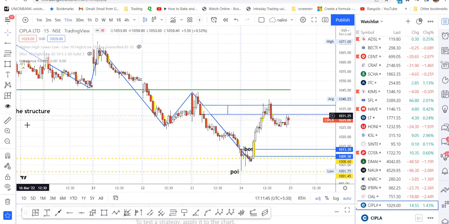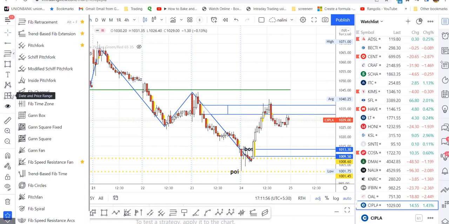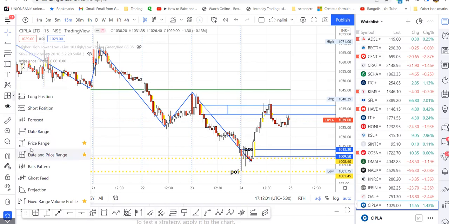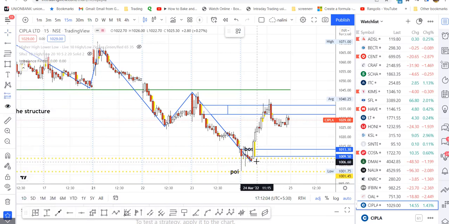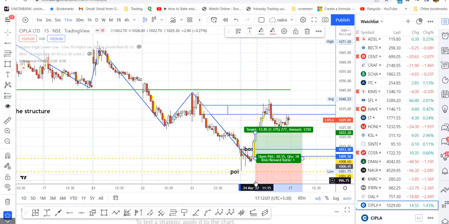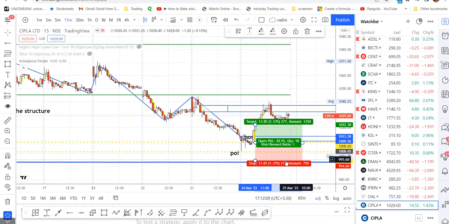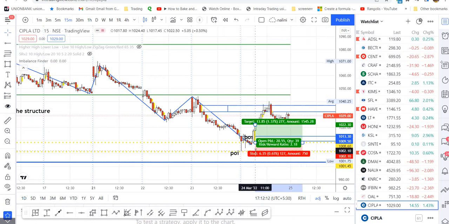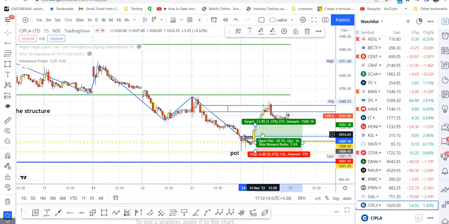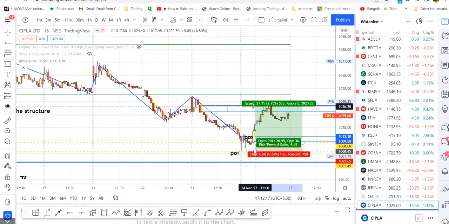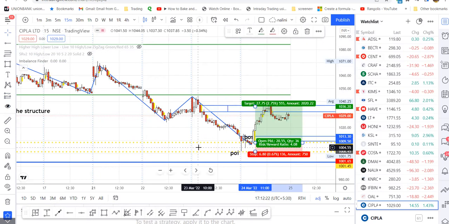How will you take the trade? Next step is stop loss and risk management. Keep it here, and your stop loss is here. Stop loss at the point of interest, and the target is this imbalance area.